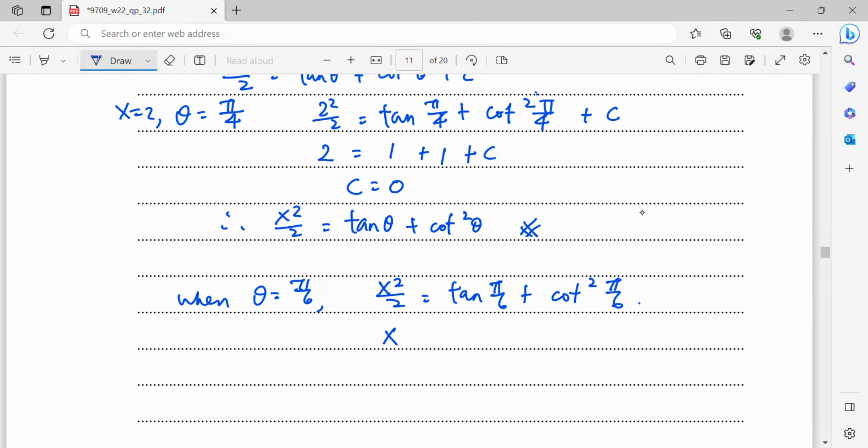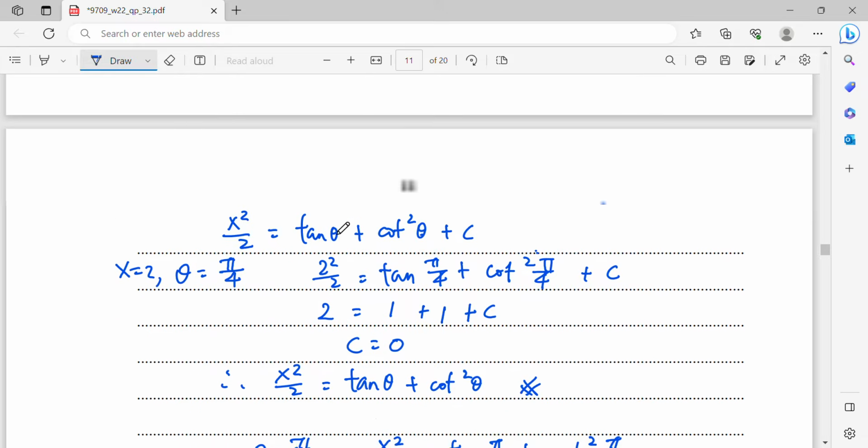So your x squared will be times the 2 to the right hand side. Tangent pi over 6 is basically root 3 over 3. So the cotangent is going to be the inverse of root 3 over 3. So it's going to be 3 over root 3, then squared.